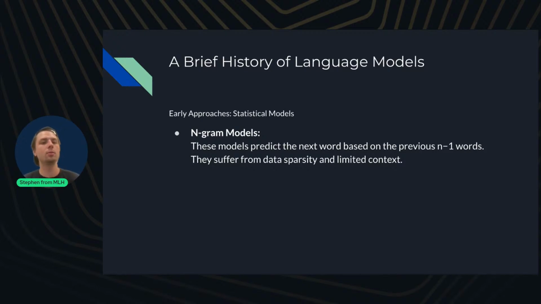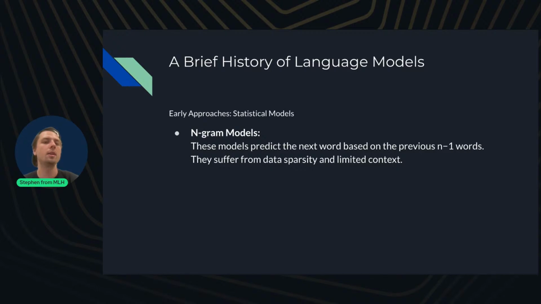But it requires 2 words to start. And the problem is they have a lot of data sparsity. So what that means is that you can't really get a lot of different possibilities from just a 3-gram model.